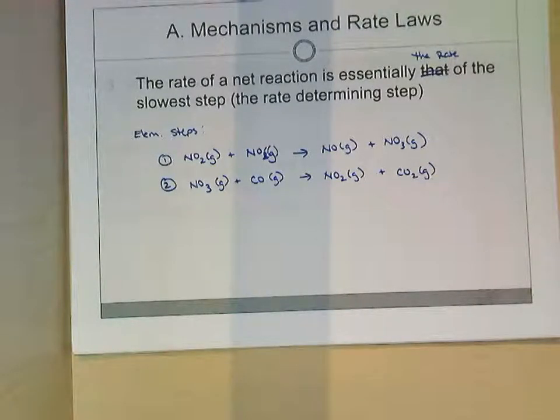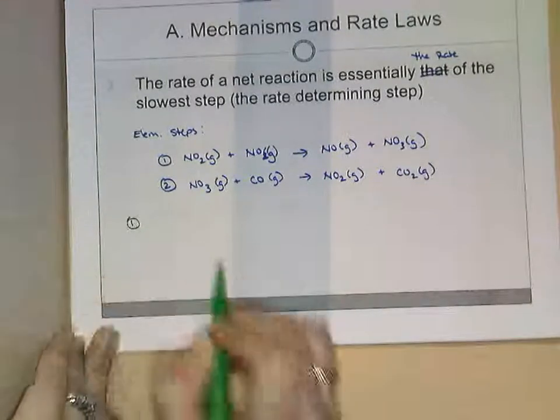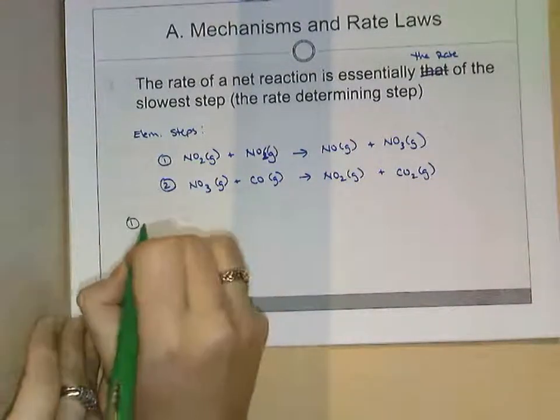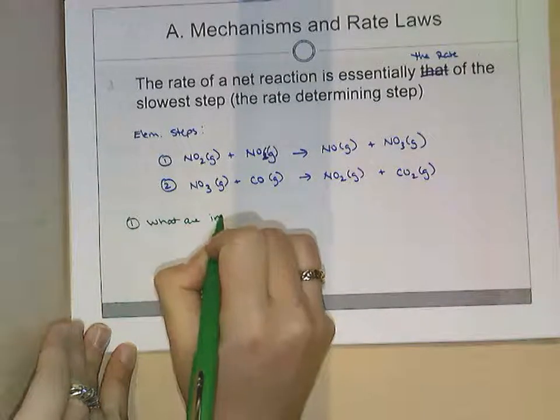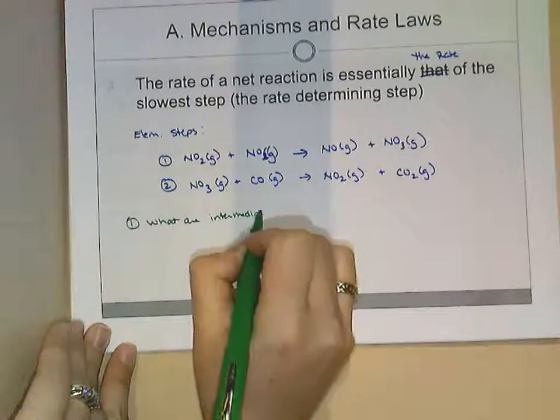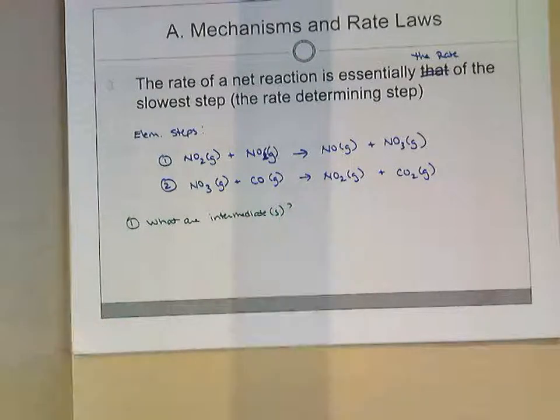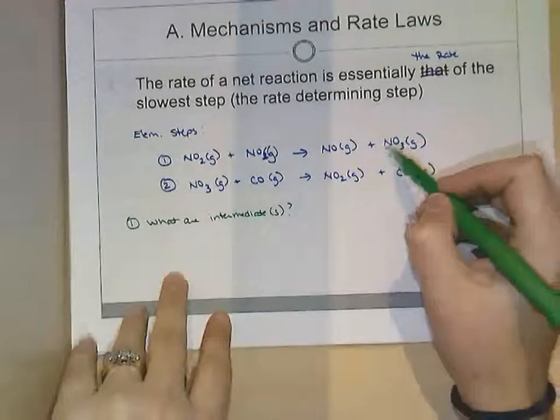Let's take a look at this and answer a few questions. Are there any intermediates? Okay, what could be a possible intermediate? NO3. How do you know it's an intermediate? Right, it's a product and a reactant.